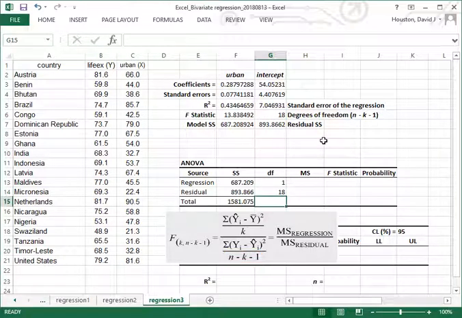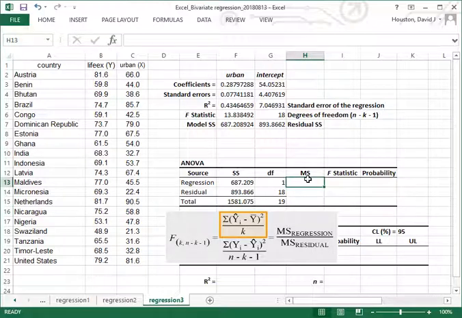The total sum of squares degrees of freedom is nothing more than the regression degrees of freedom plus the residual sum of squares degrees of freedom. And by the way, if we think about the sample formula for the variance, it's nothing more than n minus 1. So in this case then, our total sample size would be 19 plus 1, or 20.